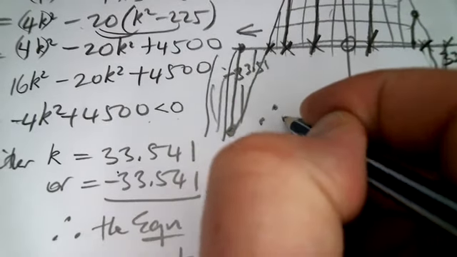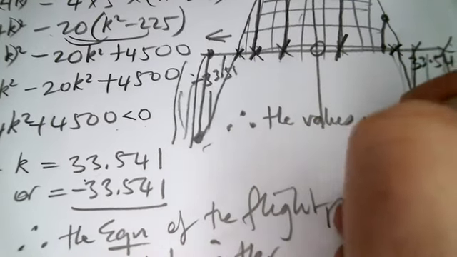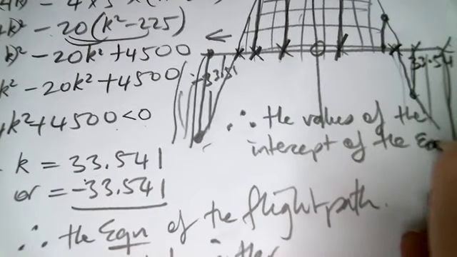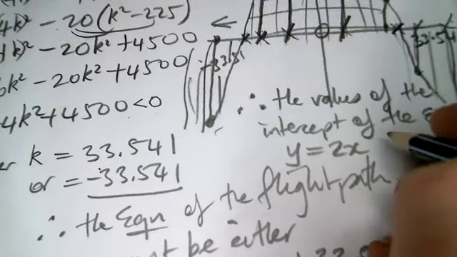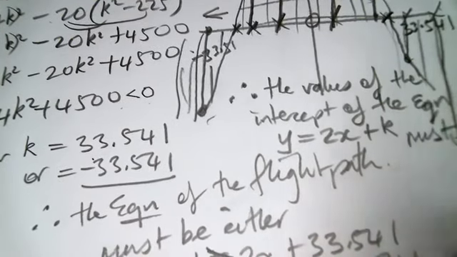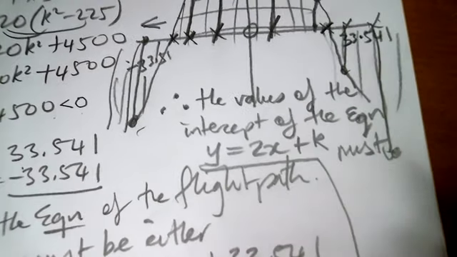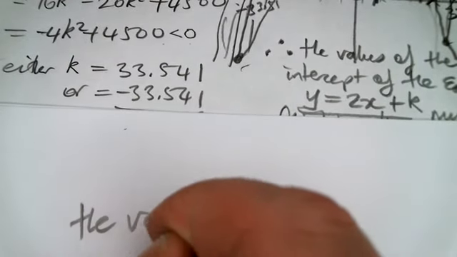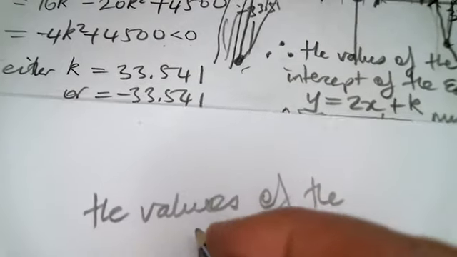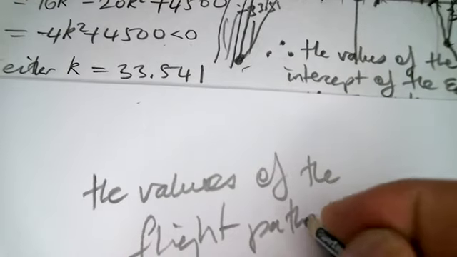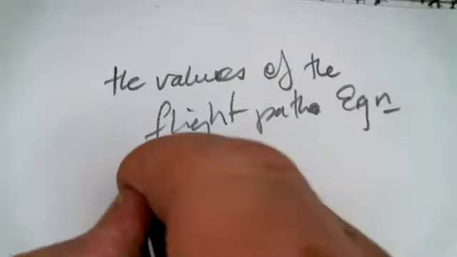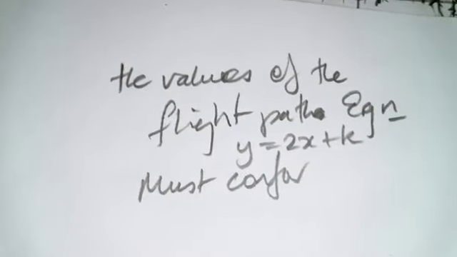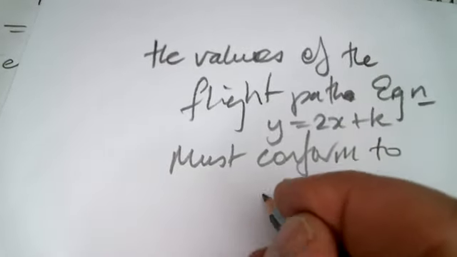Therefore, the values of the intercepts of the equation y equals 2x plus k must conform, I'll use a sharper pencil, conform to k, and this is the important bit, yeah?